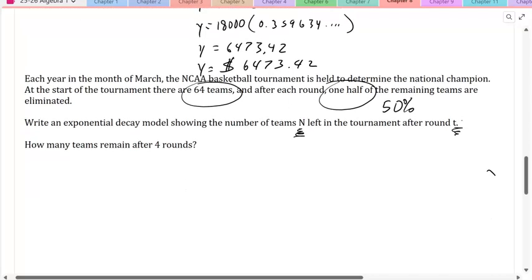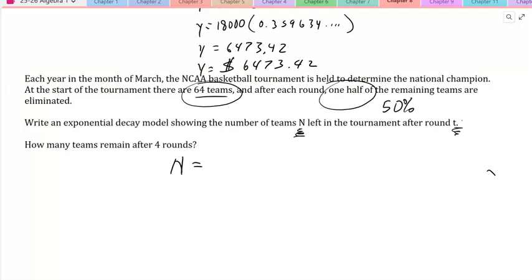Well, so we have the number of teams that are remaining is equal to, what was the initial amount? That's right, 64, multiplied by 1 minus 50%, which is 0.5, and raised to the t power. Now that's our model. We want to know what it is after 4 rounds. Well, let's see.